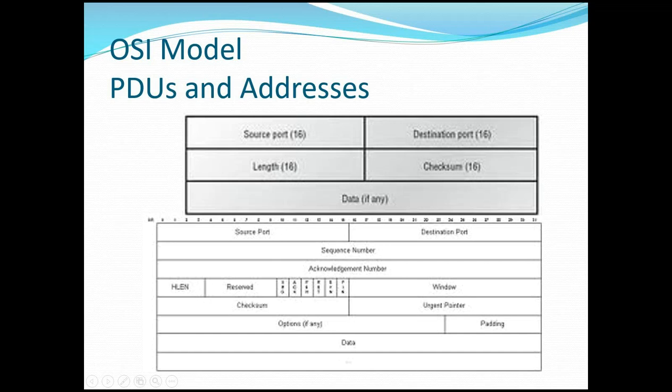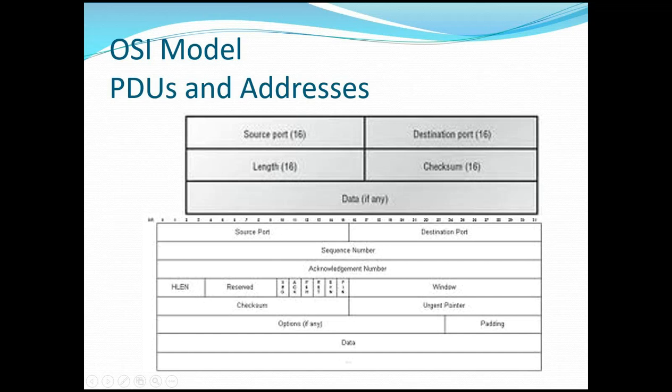segments and datagrams. Below here, we have a TCP segment, and we can tell that it's TCP because TCP is what we refer to as a reliable communication protocol, and it uses sequence numbers. That's how you can tell the difference between a datagram and a TCP segment, in that we have these sequence numbers in the TCP segment.